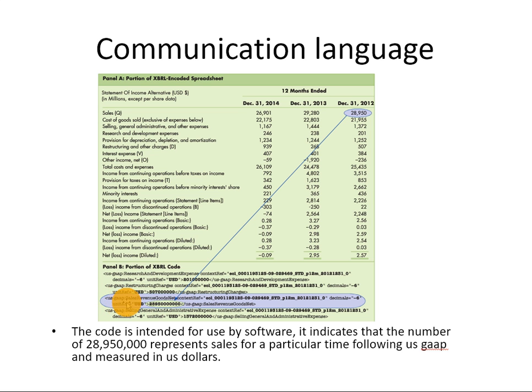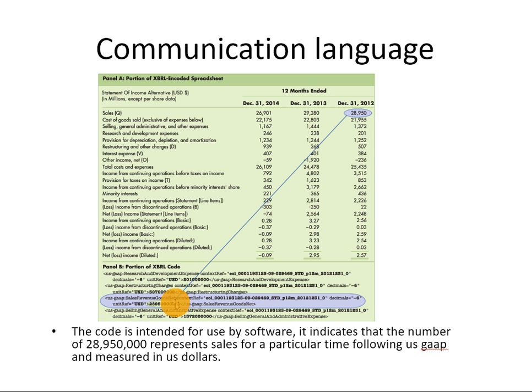The code tells us, it indicates not only the number, but also the nature of this number. It's sales for a particular time period. And we have followed US GAAP, and it is measured in US dollars.